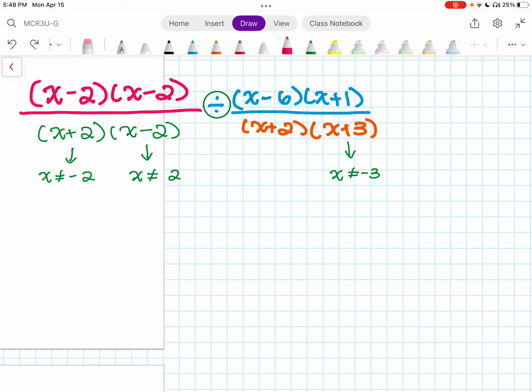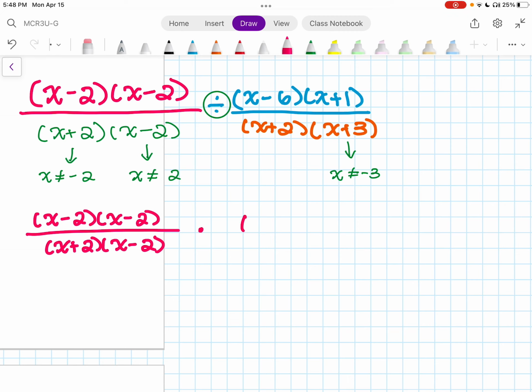Okay, so let's do x minus 2, x minus 2, all divided by x plus 2, x minus 2. Keep, change, the x plus 2 comes on top, right?